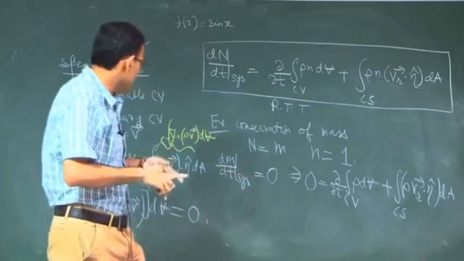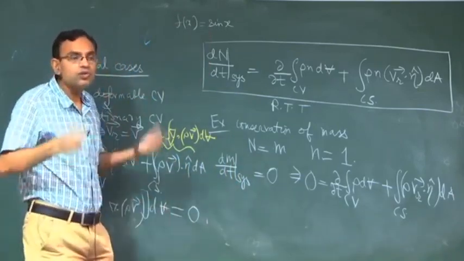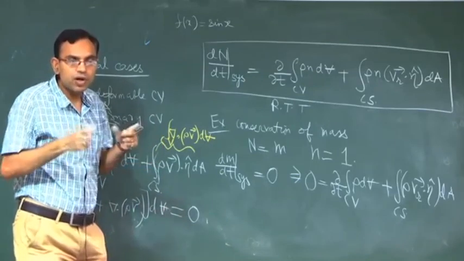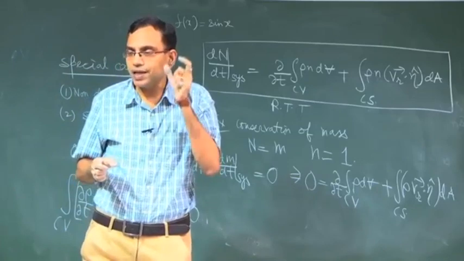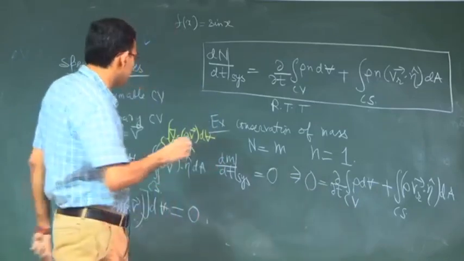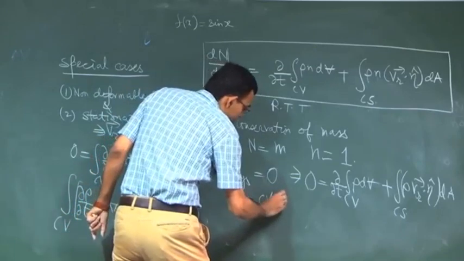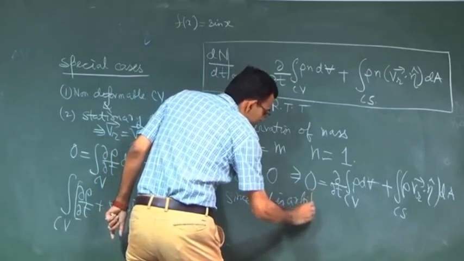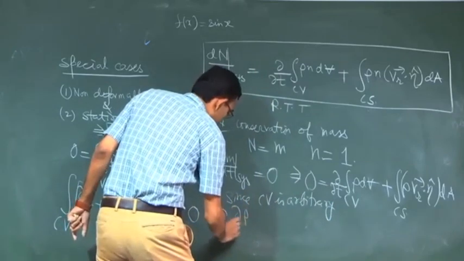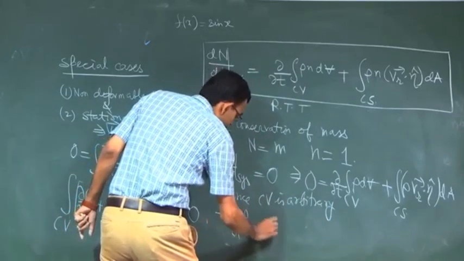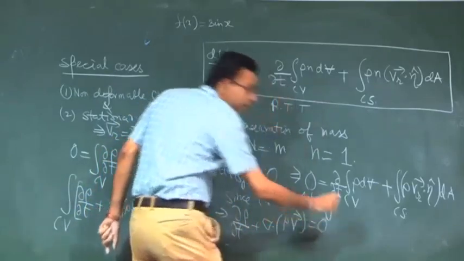So, here the volume that you have chosen is arbitrary, your control volume choice is arbitrary, you have not taken a very specified limit, right. Since the control volume is arbitrary, you are left with this one, which is another way of deriving the continuity equation.